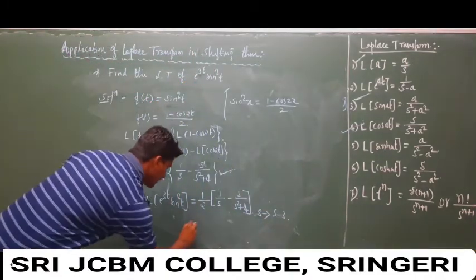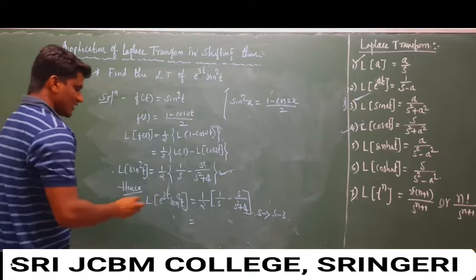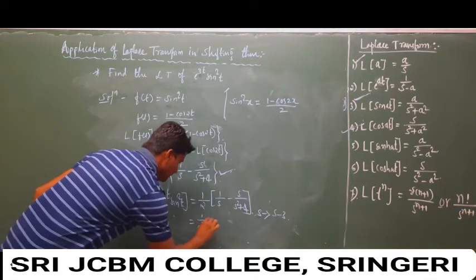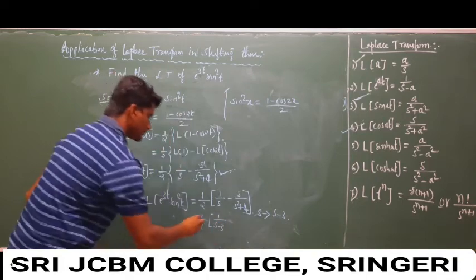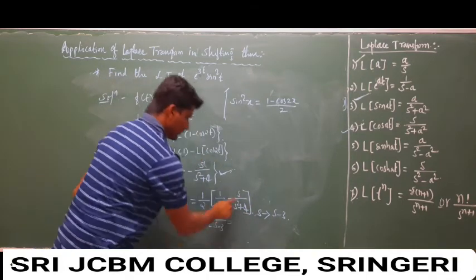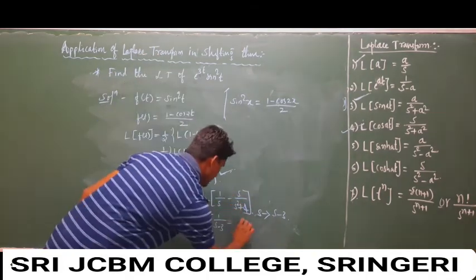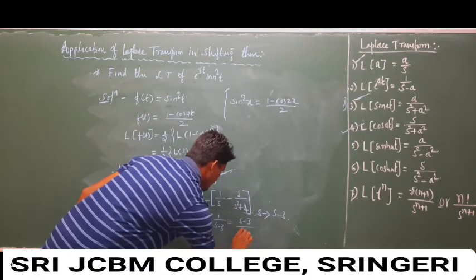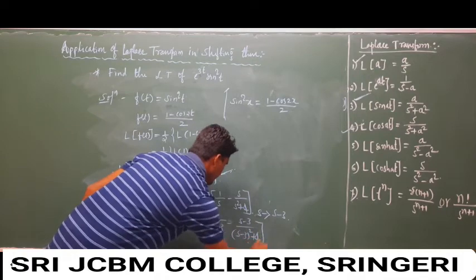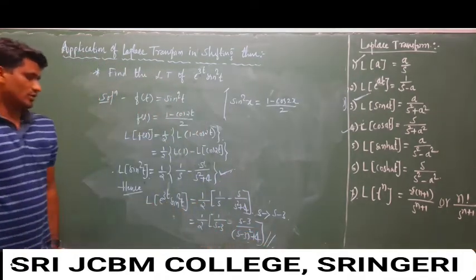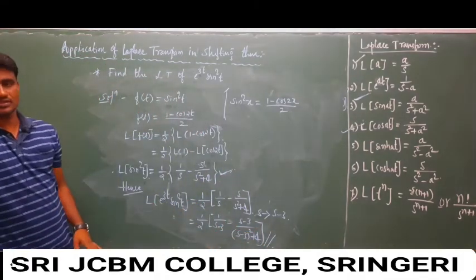So with very simple simplification, 1 over 2, 1 over s minus 3 minus s minus 3 over s minus 3 whole square plus 4, and this is the solution for the given function.